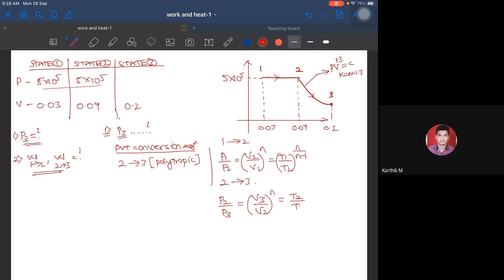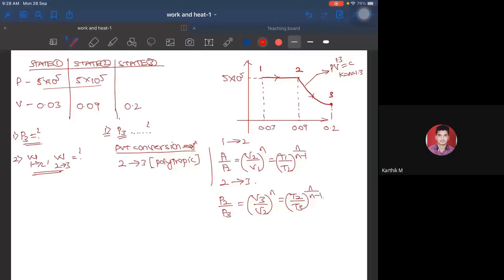So which two terms am I supposed to consider now? If I consider these two, that's more than enough. Considering those two, P2 divided by P3 equals V3 divided by V2 whole to the power of n. From this, I want the value of P3.